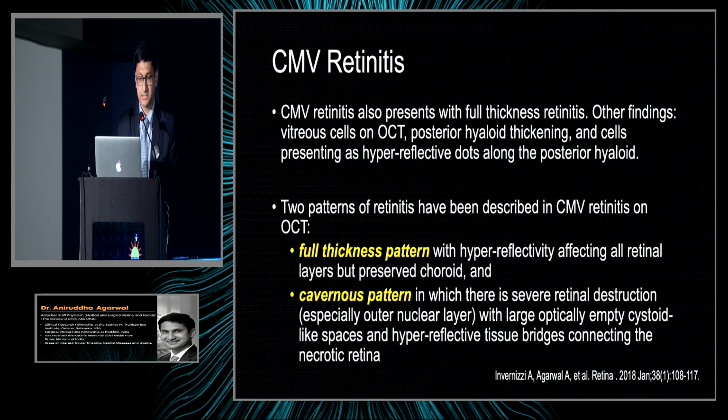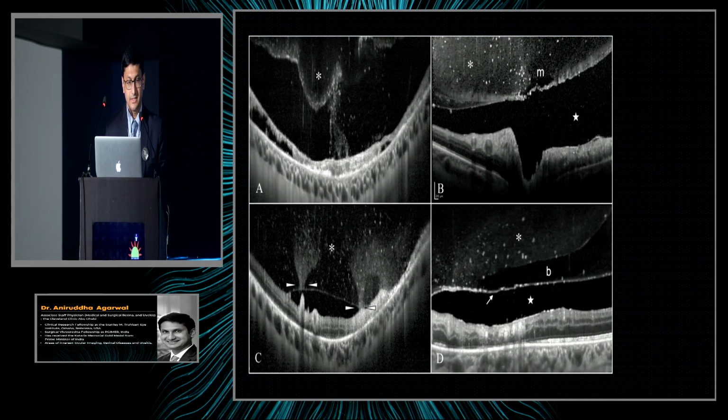So in these patients, you look at two patterns of retinitis. One is the full thickness pattern, and the other is the cavernous pattern, which I just mentioned, where there is severe destruction of the outer retinal layer and optically empty spaces, cystoid-like spaces connecting the necrotic retina. So this is an image here of a patient with CMV retinitis, and you can see the vitritis is so exuberant.